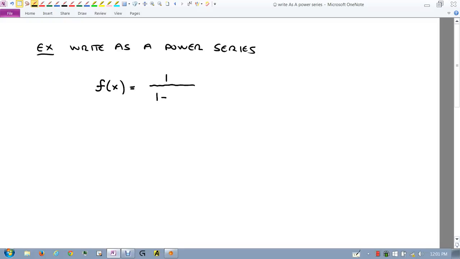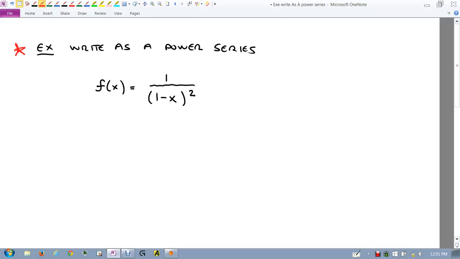Here's an example. Write this as a power series. That star just means you should really understand what happens in this example, because this is tricky.